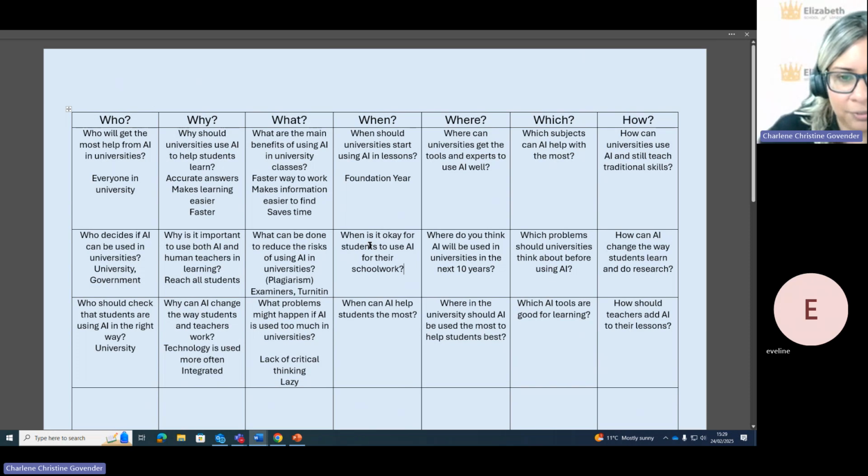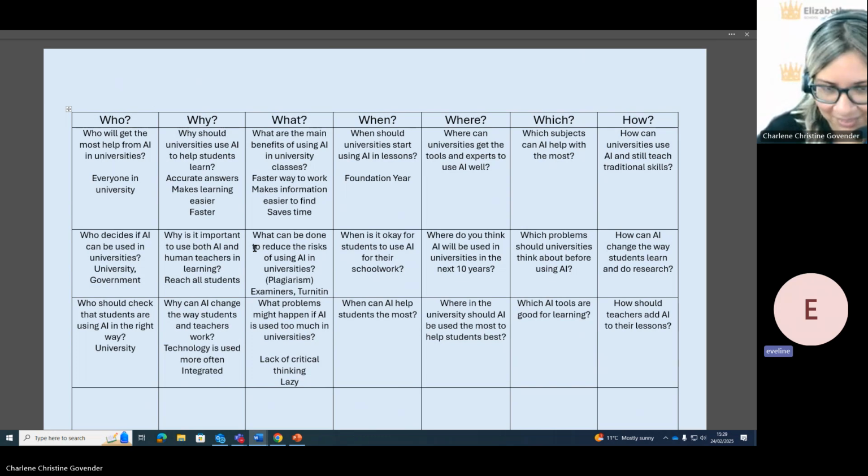Do you want to read it out for me? When is it okay for students to use AI for their schoolwork? When do you think it's okay? When they are completely lost with no direction. 100%. I could not have said it any better. I always tell the students that I talk to, use it at your first or your second step.